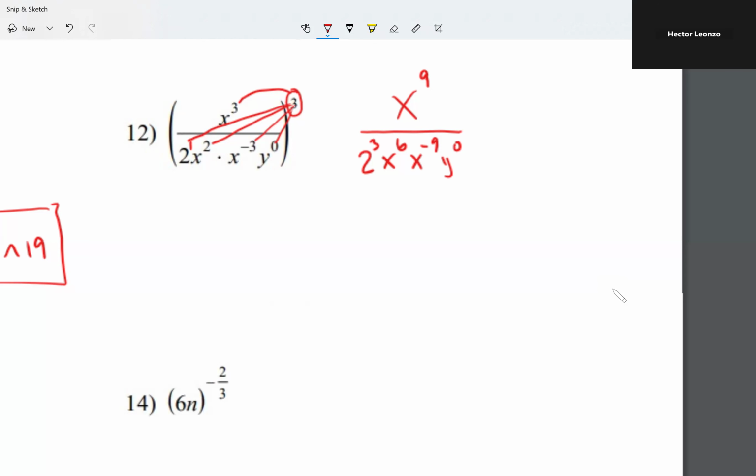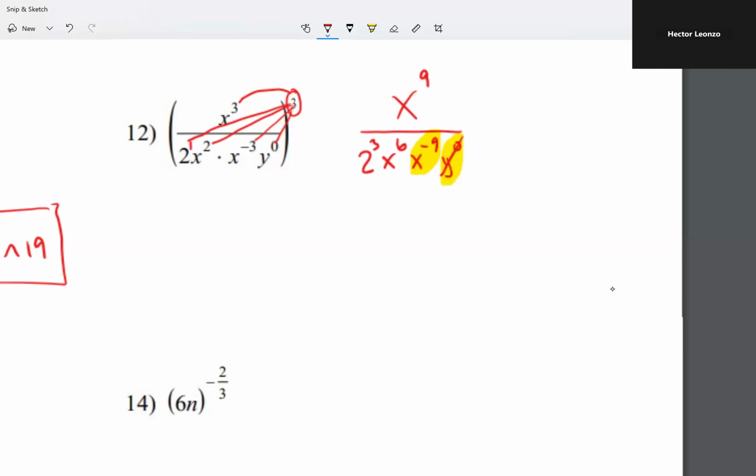And then what I'm looking for here is anything that has a negative exponent, or a 0 exponent. I'm looking for negatives and zeros. Anything that has a zero exponent is basically going to go away, so I'm just going to get rid of that. Why is that? Because anything to the zero is 1.